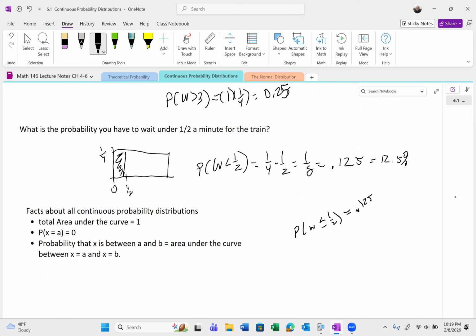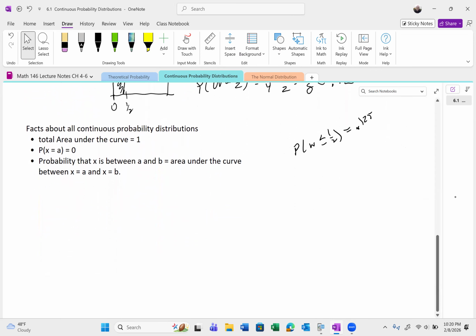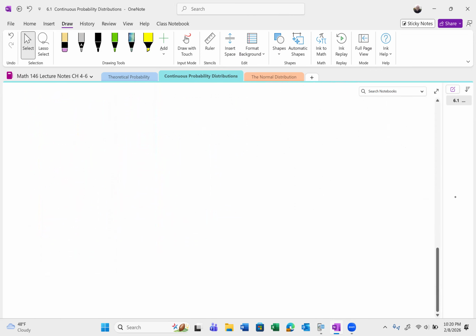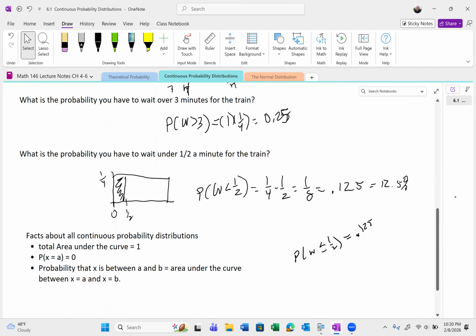You have to have a width in order to get a probability. And the probability that x is between a and b is the area under the curve between a and b. That's true for all continuous probability distributions. For the uniform distribution, it would be the height of that graph multiplied by b minus a. And that's the uniform distribution, and that's what our 6.1 material talks about. So you're asked questions like these.